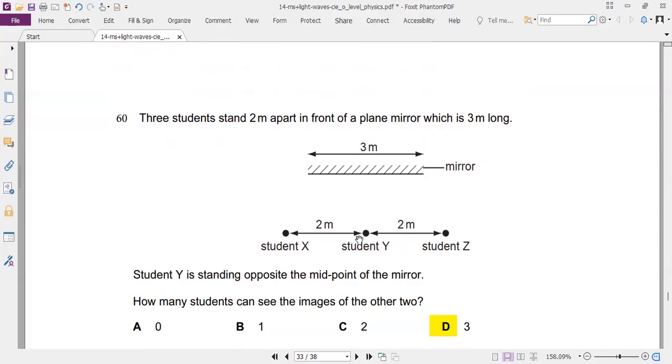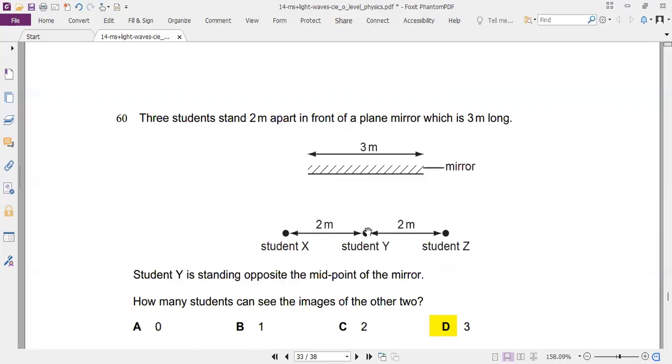Here's another tricky question. How many students can see each other? In order to see each other, the students must have the others in their line of sight. So the student is sending a ray here to see this image. Yes, possible, because the angle of incidence equals the angle of reflection.